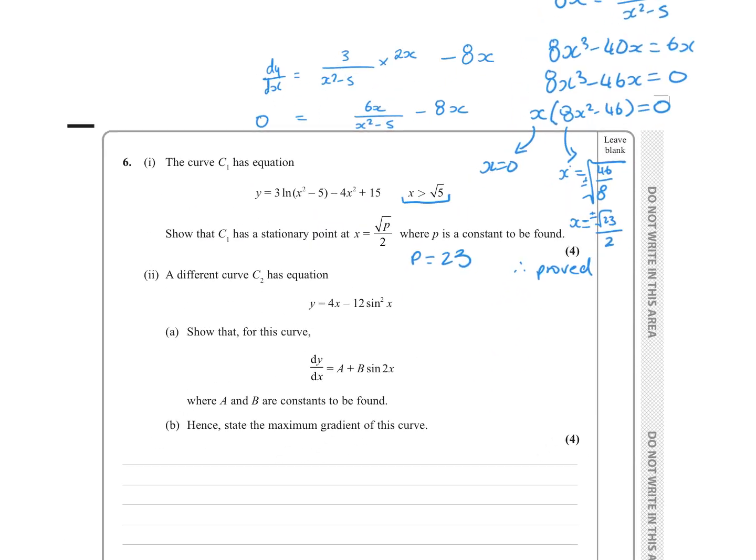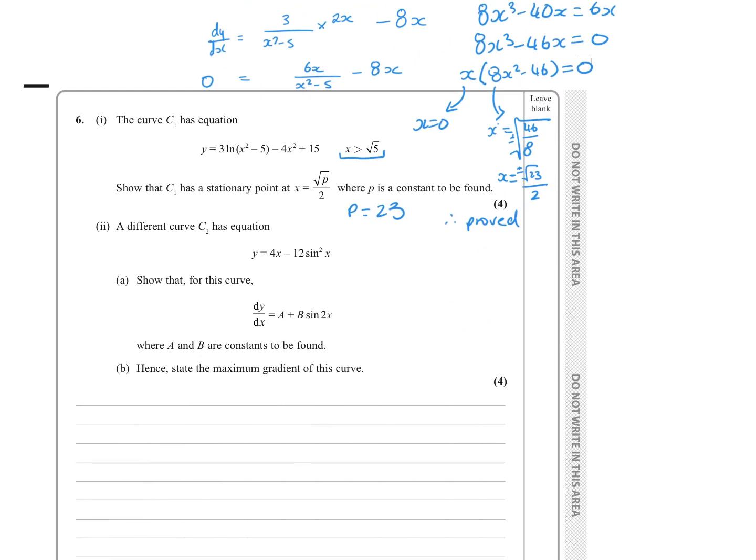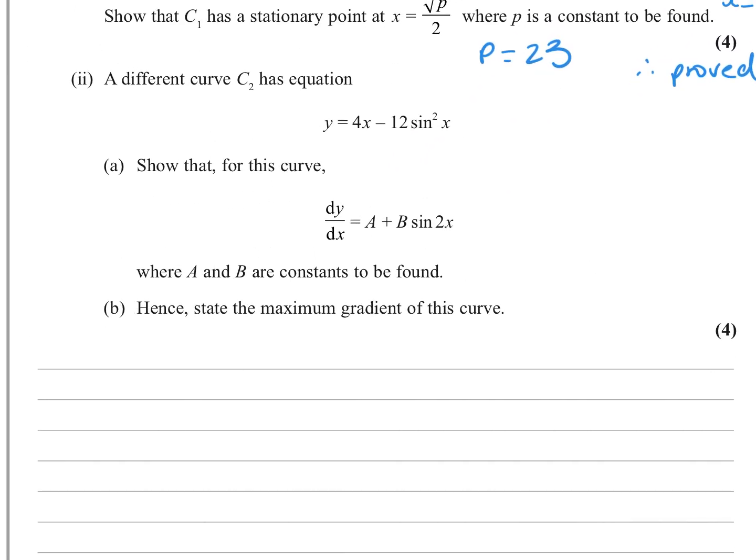Okay, then part ii is a different question entirely. So there's a different curve, C2, which has this equation. Show that for this curve, dy by dx is a plus b sine 2x. Okay, so let's differentiate this, yeah? So if y equals 4x minus 12 sine x squared, it's easier to write it in this form when we differentiate it. dy by dx is 4.